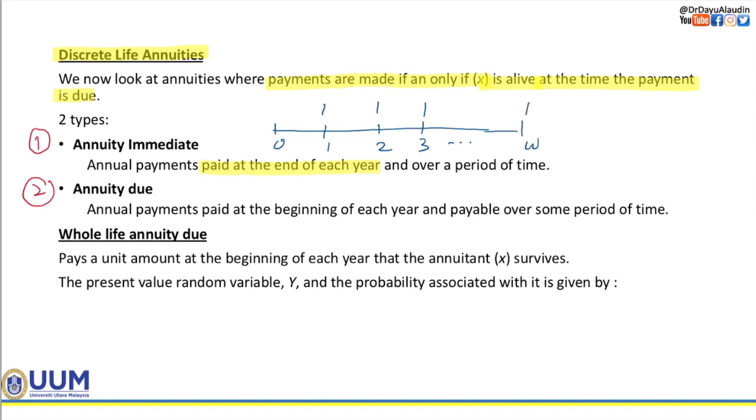However, for annuity due, payment is at the beginning of each year. So if we draw the timeline, the payment will start from 0 because it starts from the beginning of each year, until it stops at omega minus 1.